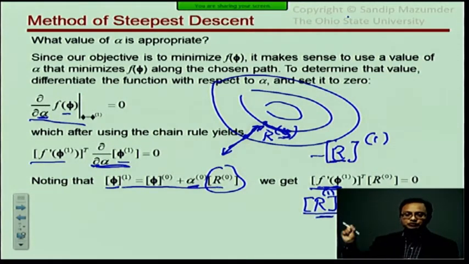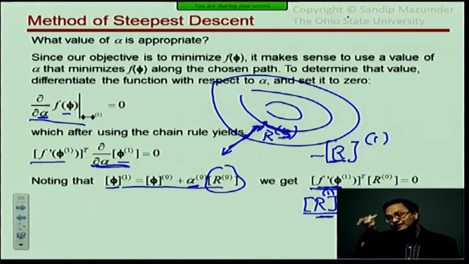So r0, my residual vector at the very first iteration with the initial guess, will be perpendicular to r1, my residual vector calculated at the second iteration. And then at the next iteration, the same thing will happen. So you will see the trajectory is actually a zigzag trajectory. But I just wanted to point that out.